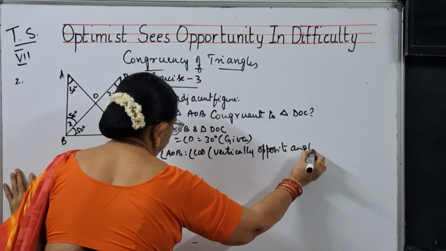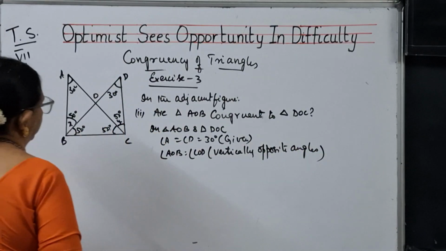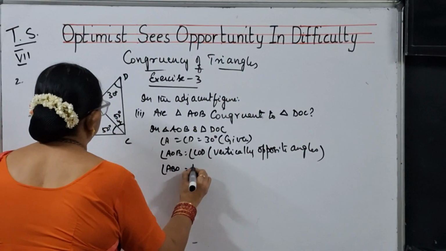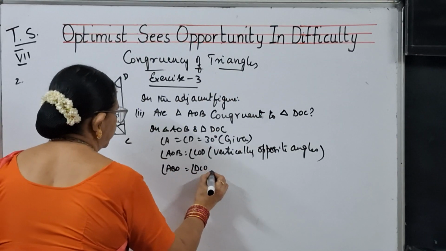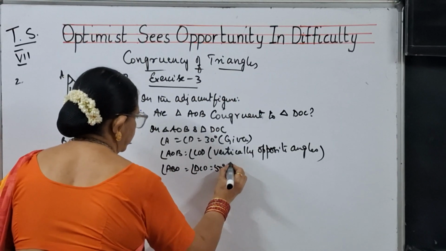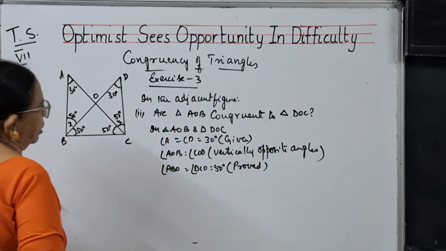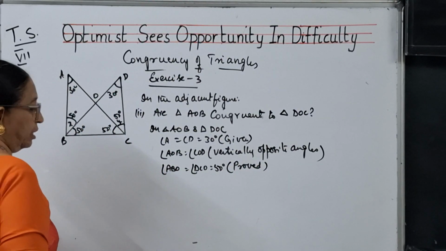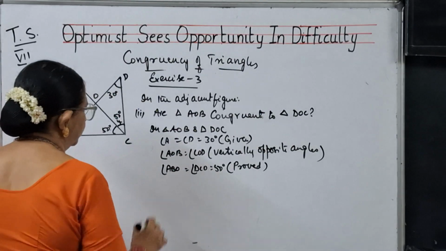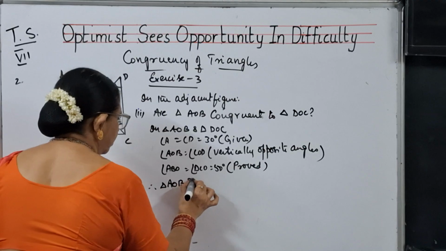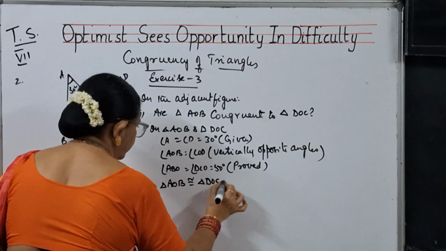Since they are vertically opposite angles, they are equal, and angle ABO is equal to angle DCO, that is 50 degrees. It is proved. In the earlier problem I have rubbed it, but you can continue that, children. It is proved. Therefore, triangle AOB is congruent to triangle DOC.